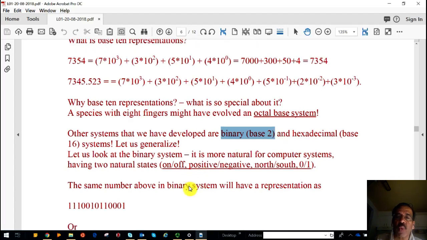But why binary system? Because computers basically deal with two states. They are based on transistors. The transistors are semiconductors, meaning either they have a conducting or non-conducting state. And similarly, magnets have north pole or south pole. And so we're constructing the machine at the very fundamental level, at the hardware level, using two states.